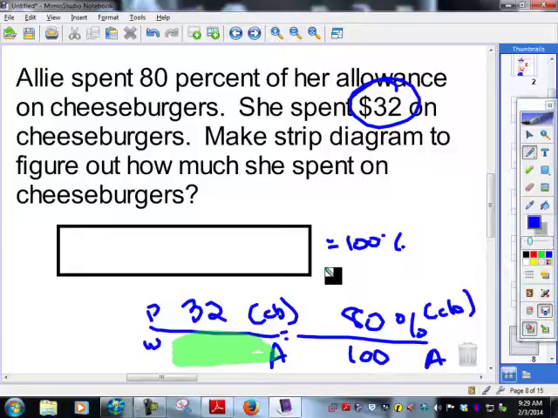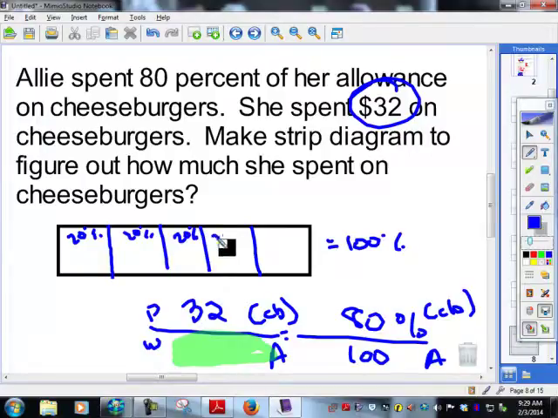$32 goes with 80%. Okay, so we're still going to cut it the same way. We're still going to cut it into 20% sections, or 10. Doesn't matter. 20%, 20%, 4 of those equals 80%, what? 4 of those little boxes equals $32, right? Yes, exactly.